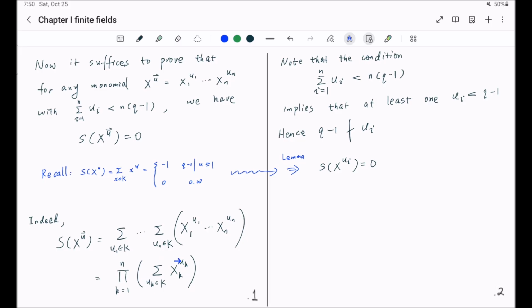So as long as one factor is equal to 0, this whole product is equal to 0. So this implies, as a consequence, that the S of x to u is equal to 0 in K. Because one factor is precisely this, which is 0. So this product is equal to 0. And we are done.